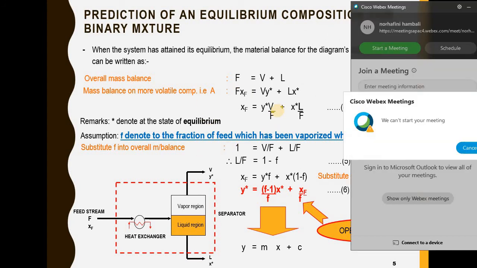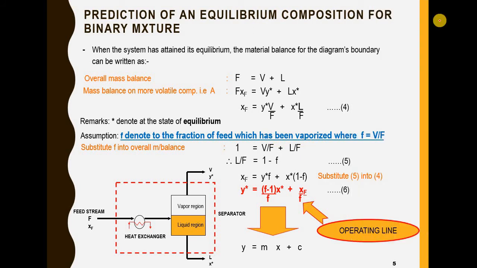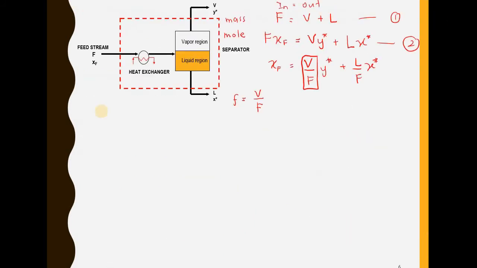Next, from V over F, if I add L over F, which is actually the feed, it will become F over F, or we write it as 1.